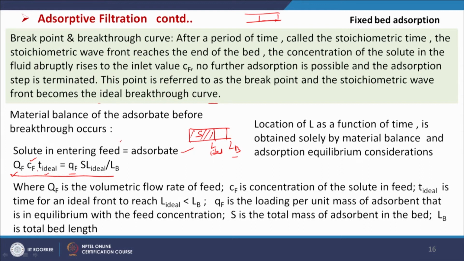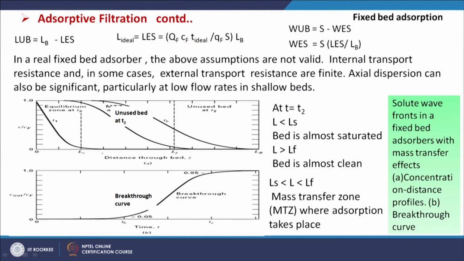So, these are the same, and by equating these two we can calculate the value of L ideal, which is nothing but LES. So, we can calculate LES as QF Cf T ideal by QF S into LB.